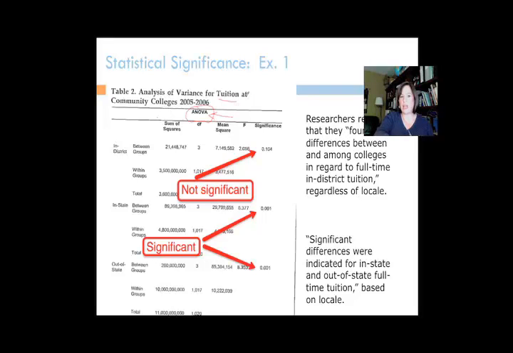And the different types of community colleges are rural, urban, basically on an urban-rural scale, suburban.